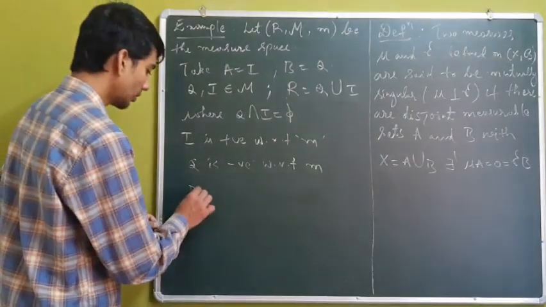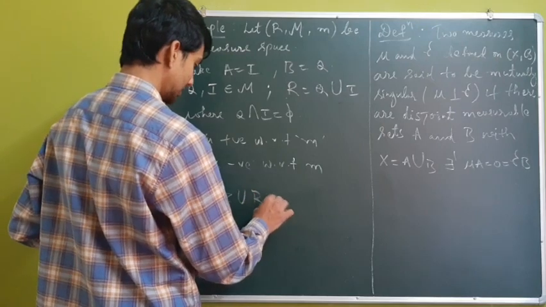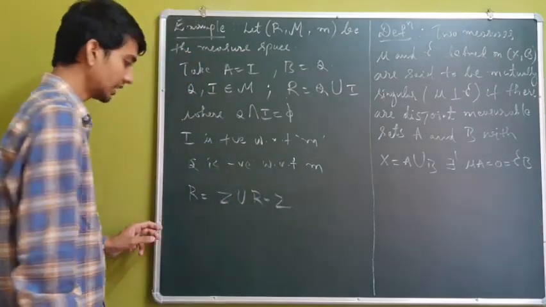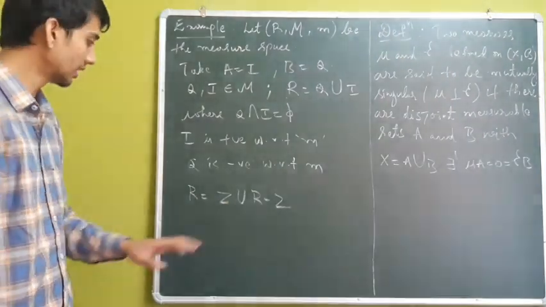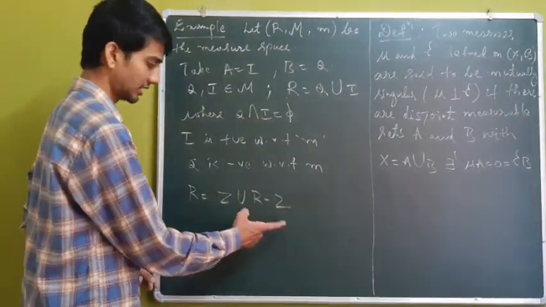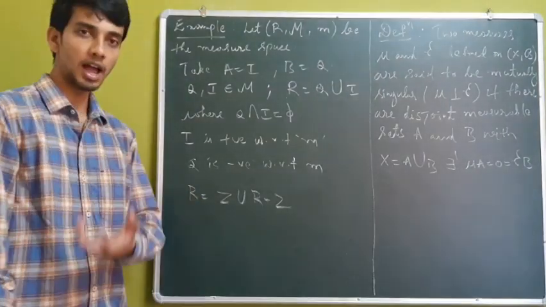Also, you can have R to be the disjoint union of Z and its complement. Clearly, as Z is countable and countable sets are negative sets, I have this to be a negative set and this to be a positive set, and you have another decomposition of R.